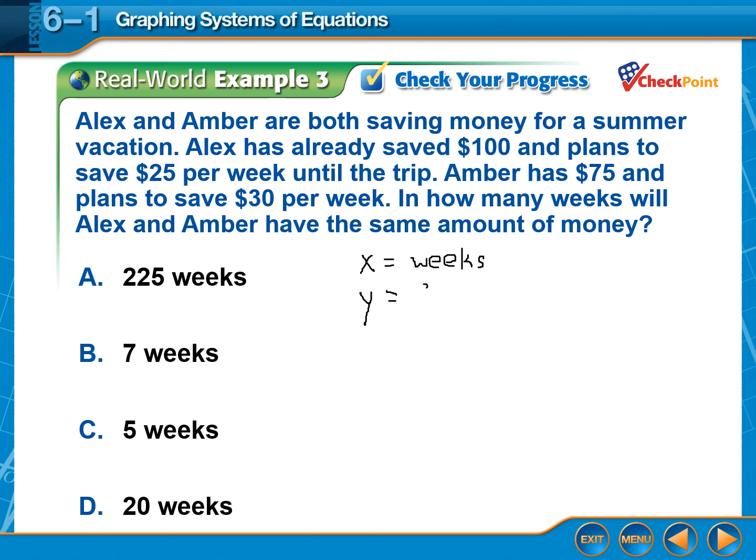So you're going to want to write two equations using x and y to compare how much Amber and Alex have saved after a certain number of weeks, and then identify at how many weeks will Alex and Amber have the same amount of money.